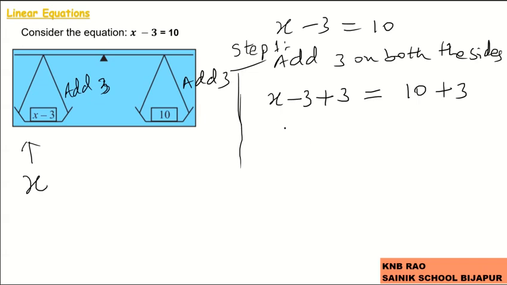Now, on simplification, in step number 2, minus 3 plus 3 becomes 0. So in the left hand side I have only x, whereas in the right hand side 10 plus 3 on simplification becomes 13. So, I got only the numerical value.